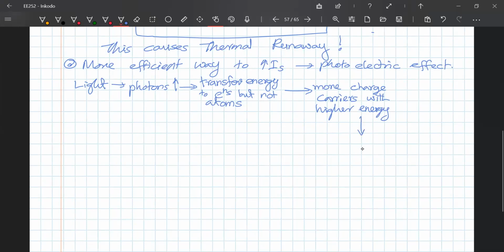More electrons will be capable of jumping over the depletion layer. More electrons can cross the depletion layer.